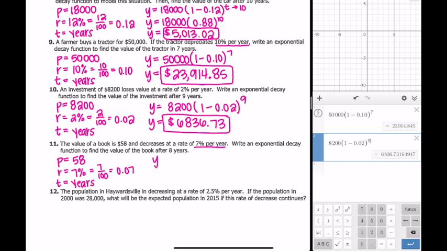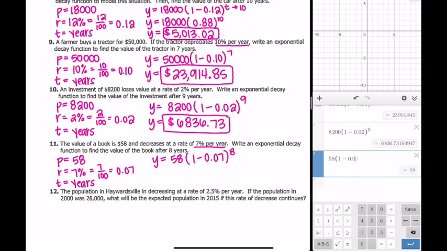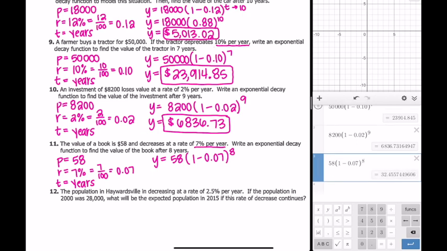All right, so our equation, y equals principal times the base, 1 minus 0.07, and we're looking for that value after 8 years, so T is 8. So we have 58, parentheses, 1 minus 0.07, and our exponent is 8. So that's $32.46 if we're rounding to 2 decimal places.